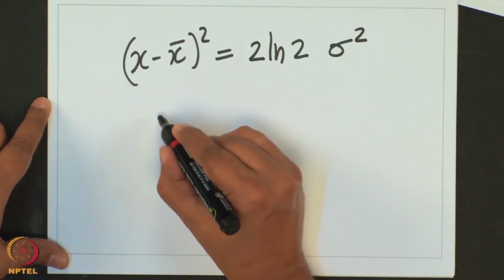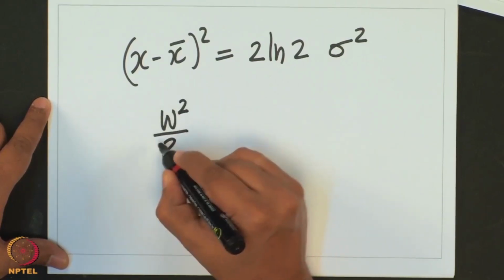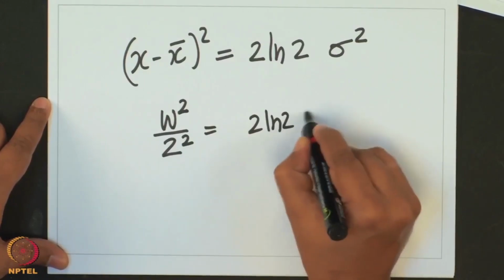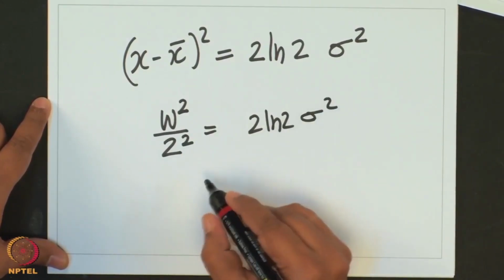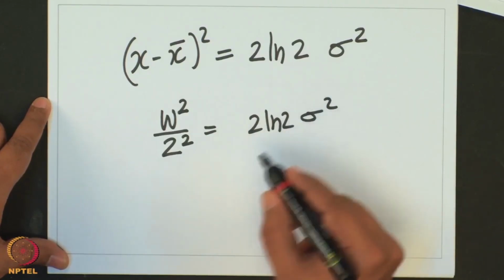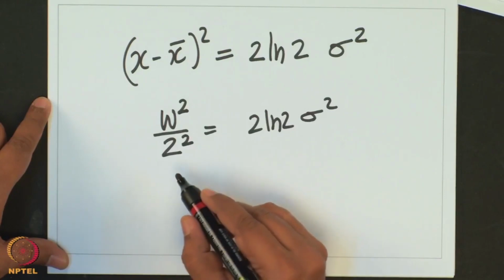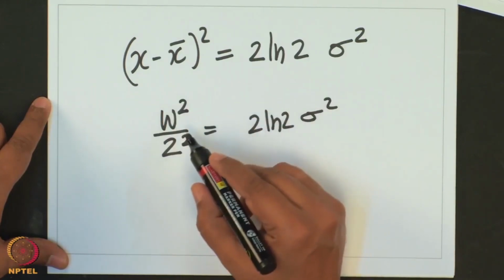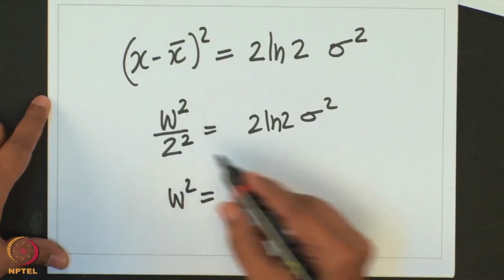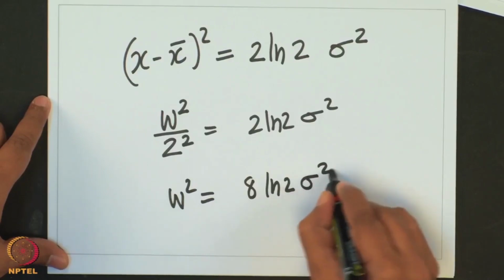This is my half width, so I would write (w by 2) whole square is equal to 2 log 2 sigma square, which would mean that if I take everything to one side, the full width w square is 8 log 2 sigma square.